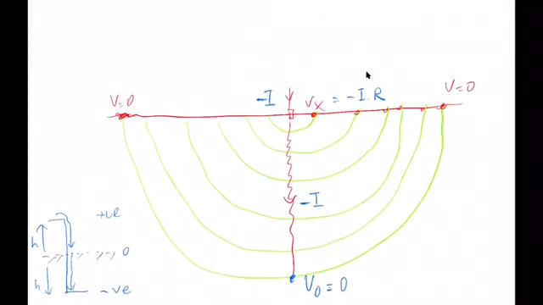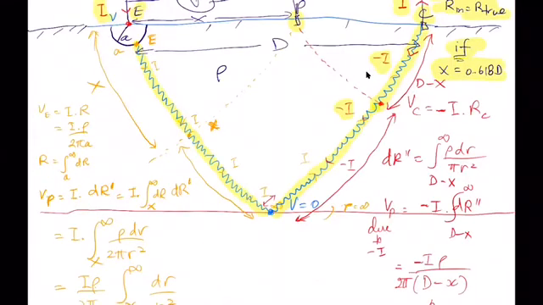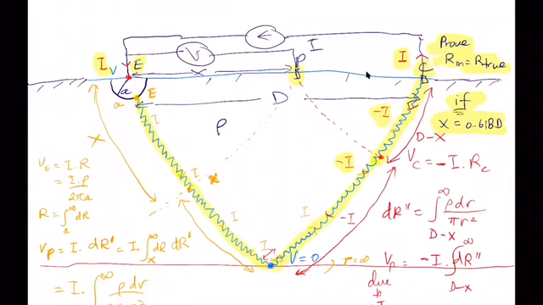So because we have 2 probes, for negative current you have probe P and probe E. Probe P and probe E will experience the voltage due to the negative current. At the same time, both probe E and P will also experience the voltage due to the positive current I. You understand?